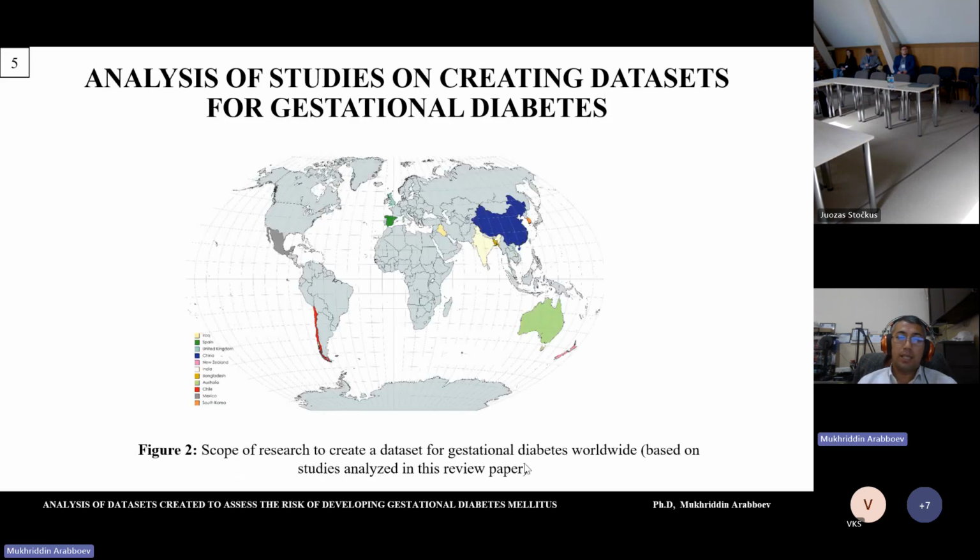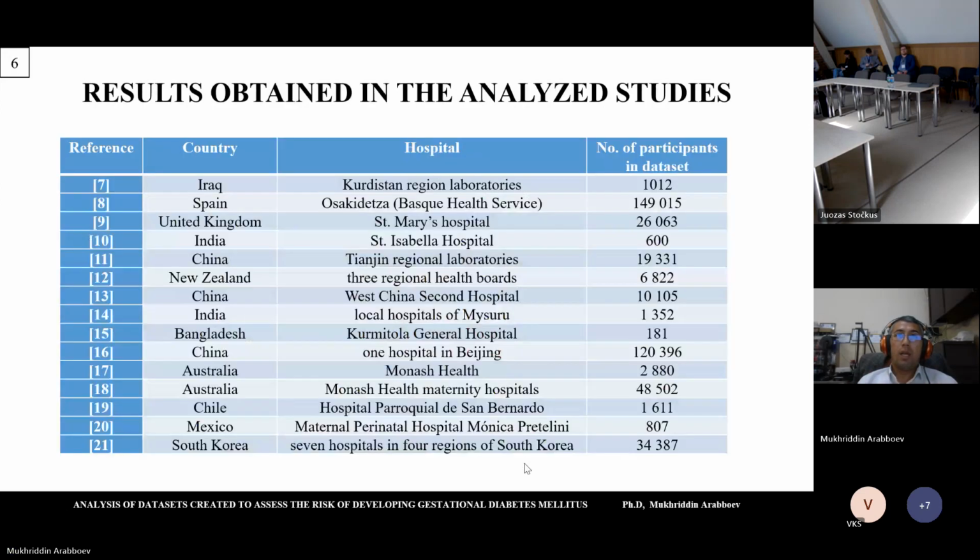In this slide, you can see the scope of the research to create a dataset for gestational diabetes worldwide, based on studies analyzed in this review paper. In this table, you can see analysis of datasets created for gestational diabetes mellitus.